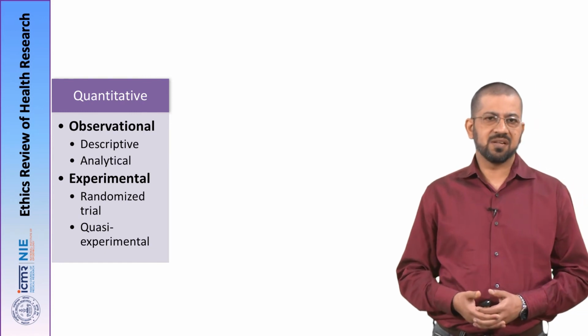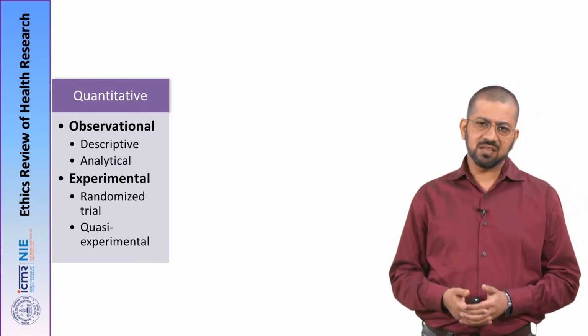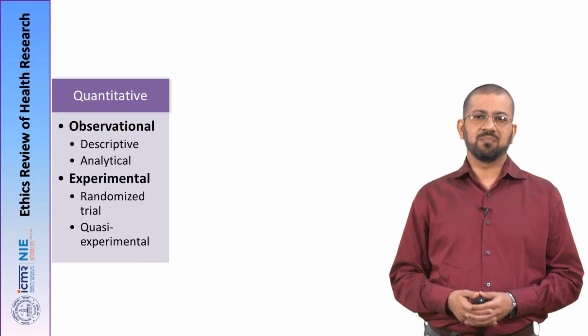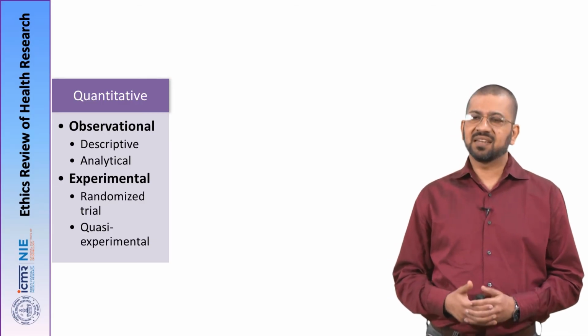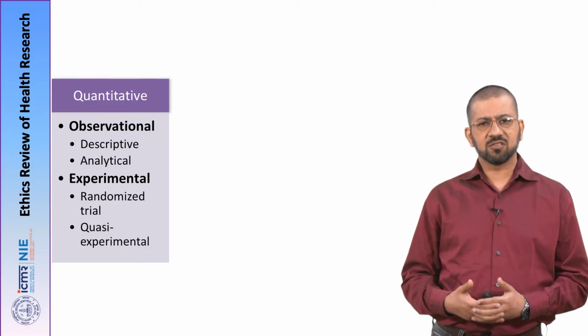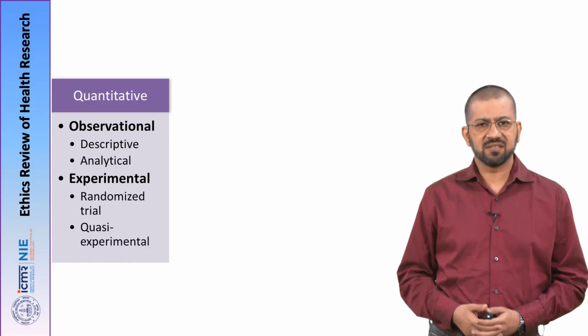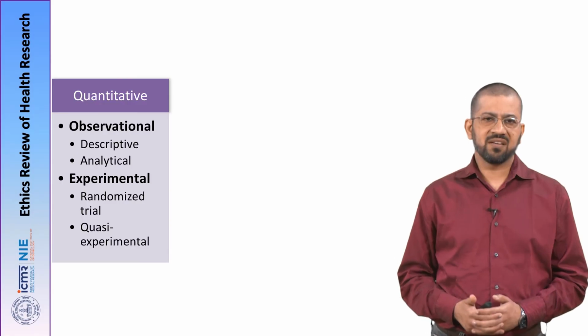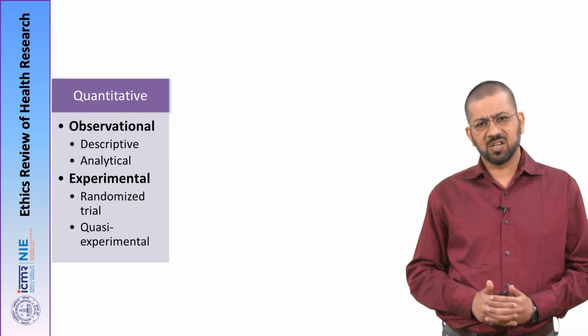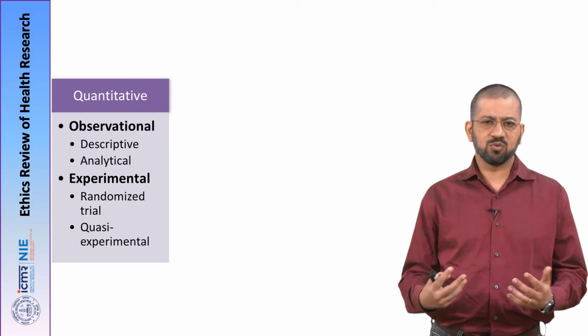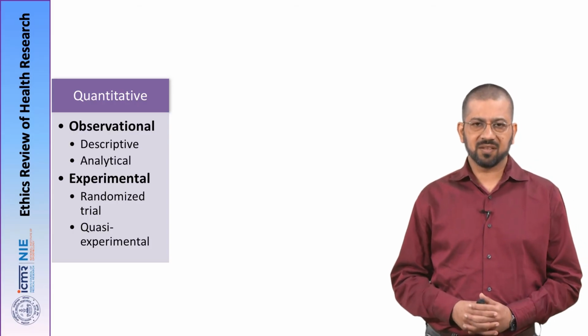Observational studies could be descriptive studies such as case series, case studies, and surveys, the cross sectional design, whereas analytical studies are those trying to find out etiologies and risk factors, wherein we have case control studies and cohort studies, where we have two groups of people and we are comparing them.